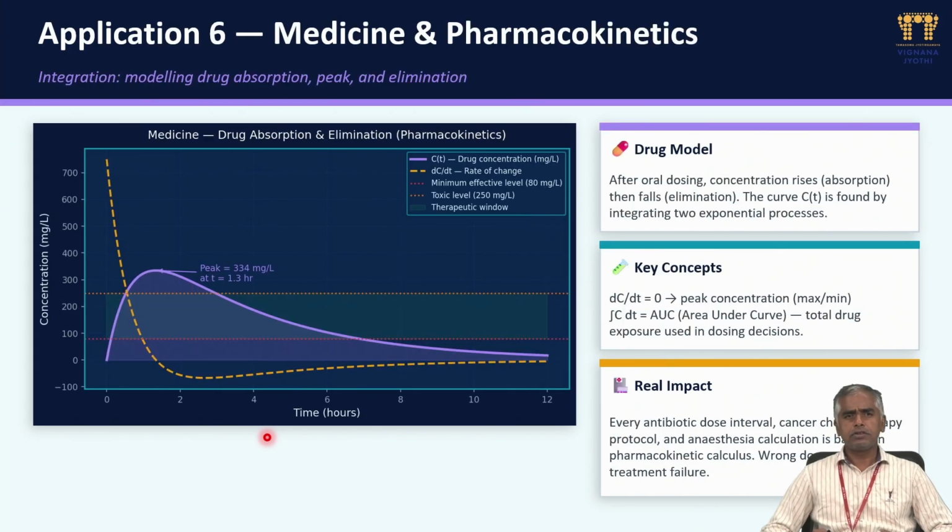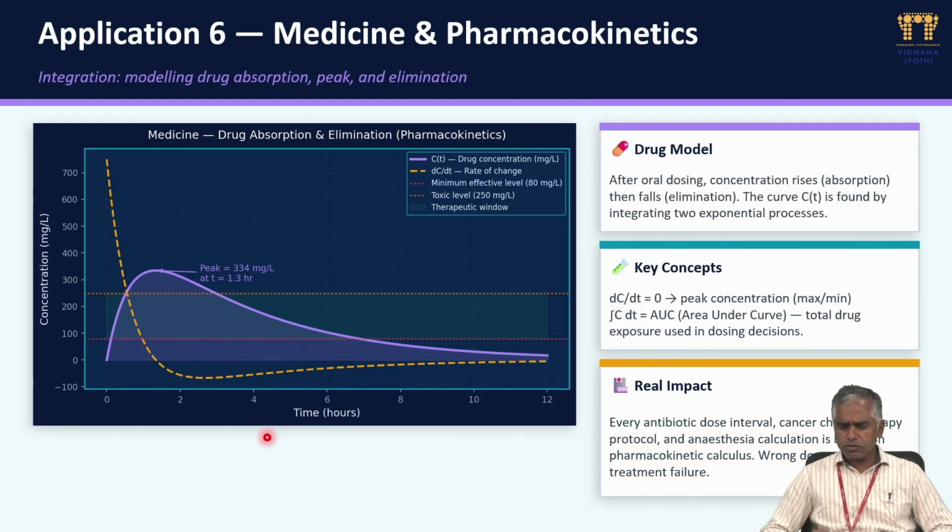Next, the sixth application, in the medical or pharmaceutical field: how we apply the concept of differentiation and integration. The motto is modeling drug absorption, peak and elimination. In the drug model, we will apply the concept of differentiation.